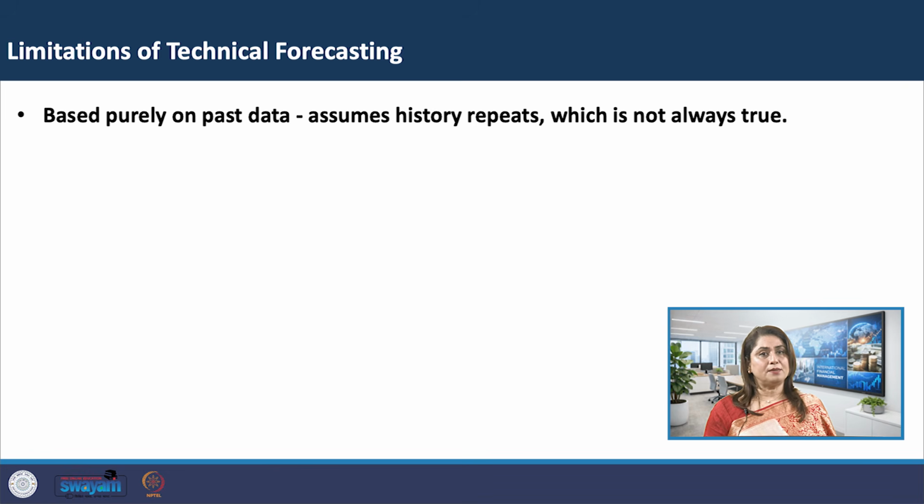The most fundamental criticism is that it is based entirely on past data. It assumes that history repeats, that patterns that worked before will work again. The assumption is not always valid. Markets evolve, participants change, regulatory environments shift. A pattern that was reliable for a decade may suddenly stop working.